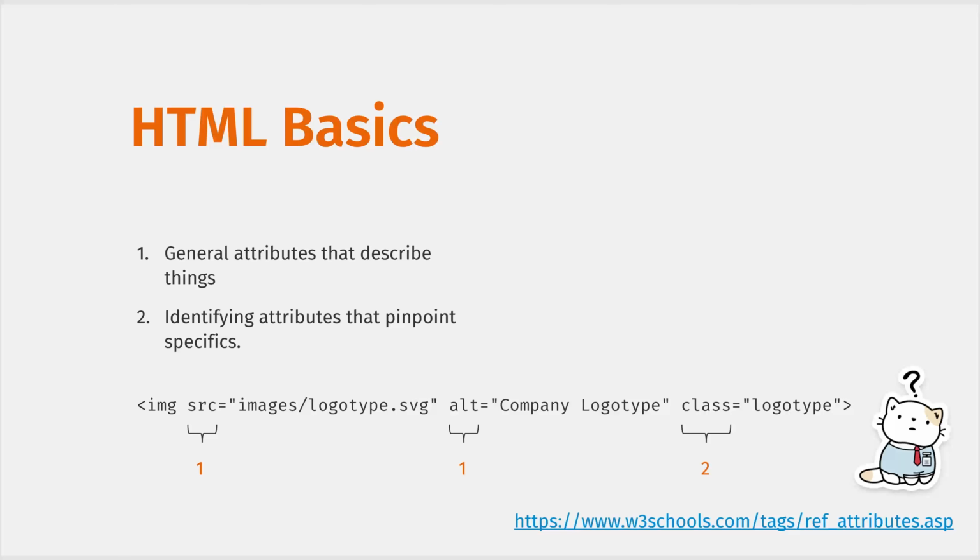But if we want to select all the things that are logotypes, but not all the images, we can give all the logotypes the class logotype. And then with CSS, we can select only things that are logotypes. It's identifying the element for us.